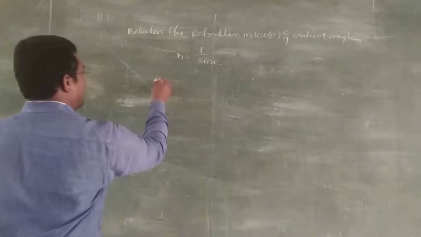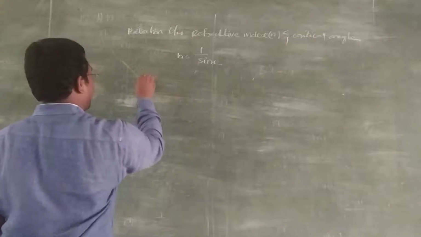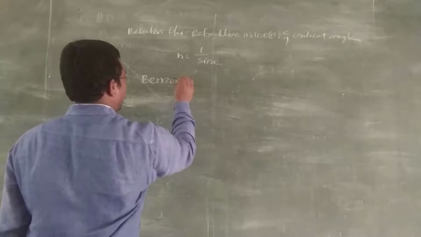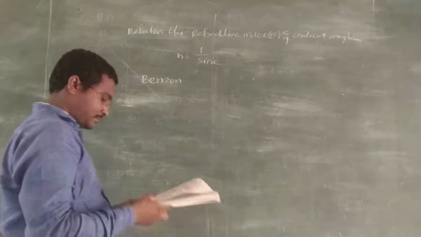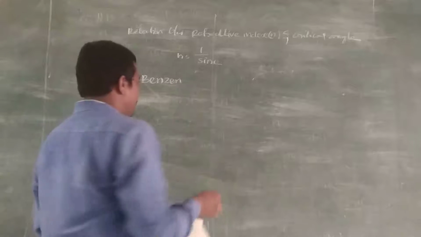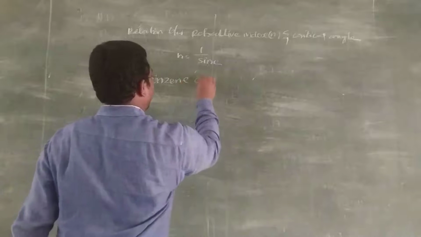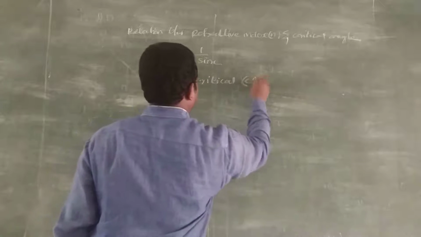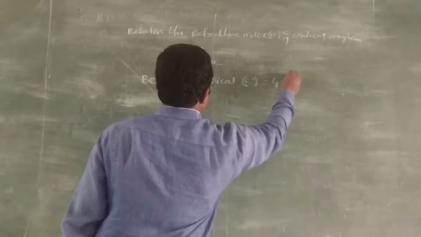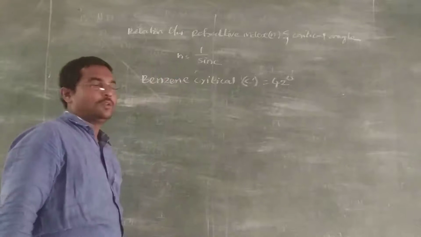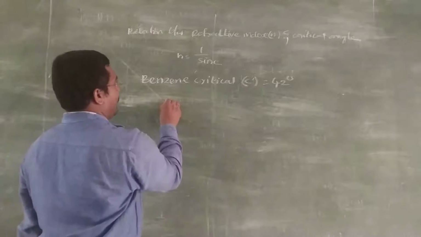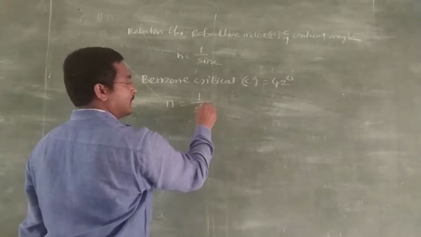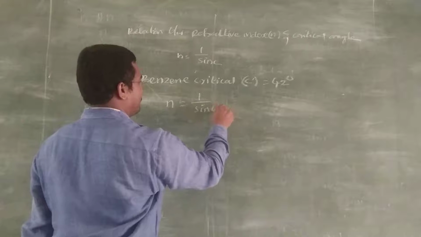So the critical angle value for benzene, very important, note down everyone, C is equal to 45 degree. So put this value here. Now n is equal to 1 by sin 45.